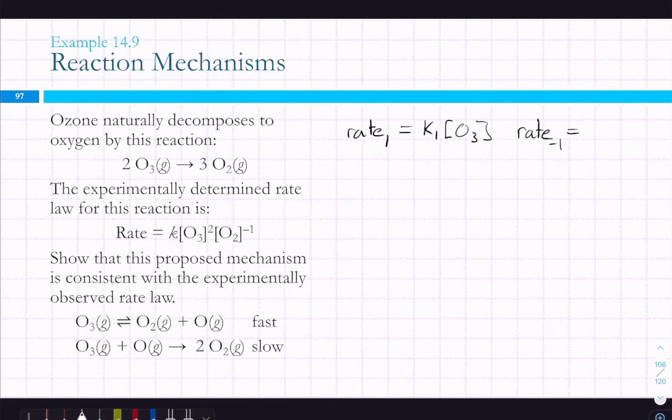So it's rate -1, K -1 times the concentration of oxygen, well, dioxygen versus atomic oxygen. And then the rate law for our second step. So for the second step, rate 2, it's going to be K2 times O3 times atomic oxygen.